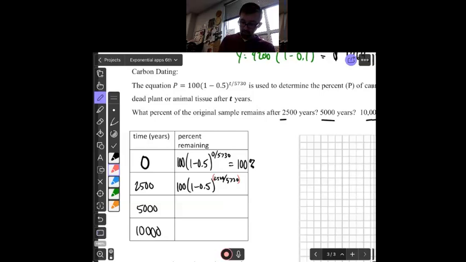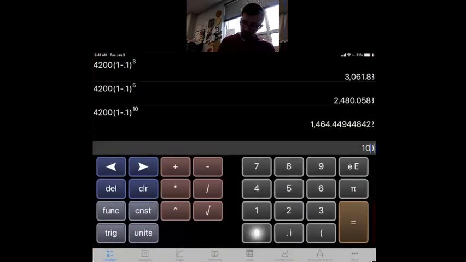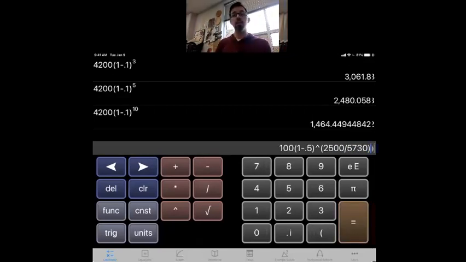So I'm going to go ahead and type that in. 100, 1 minus 0.5, caret, 2,500 divided by 5730. And double check your numbers. Really easy to mistype something and have that screw everything up. The number one most common mistake is the exponents, the rate stuff, not turning those into decimals correctly.